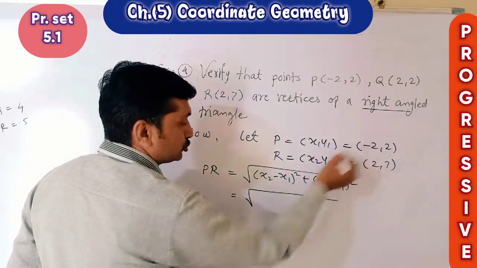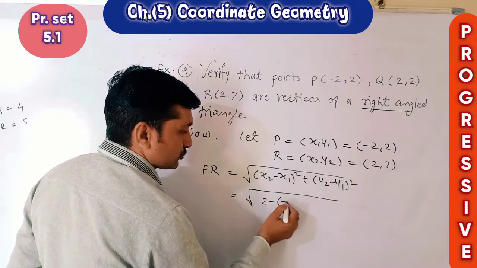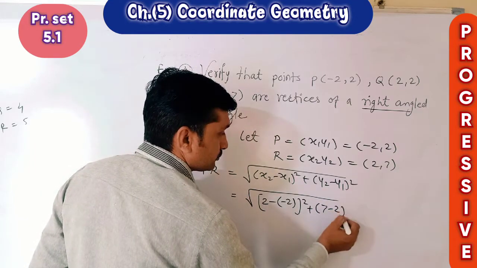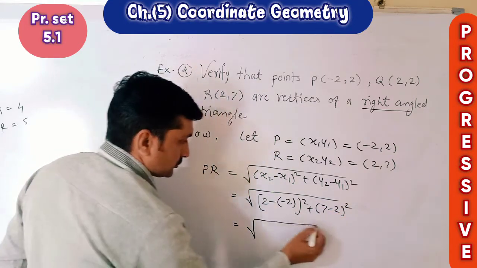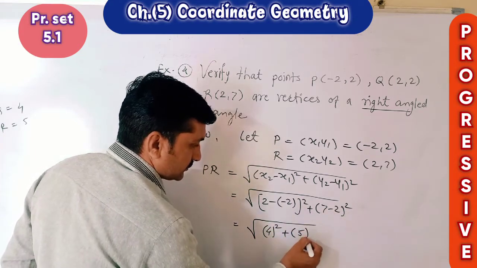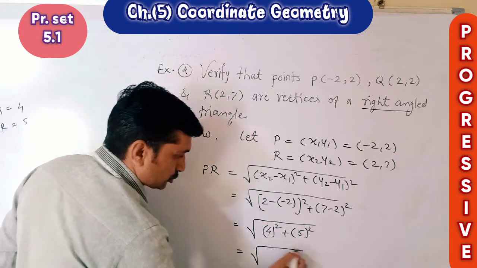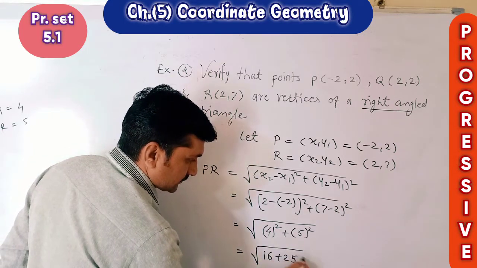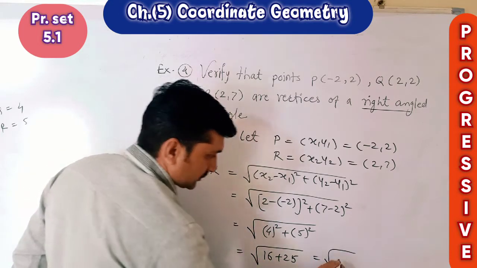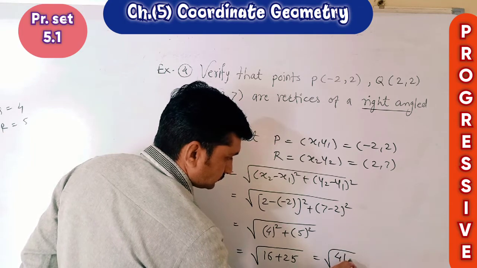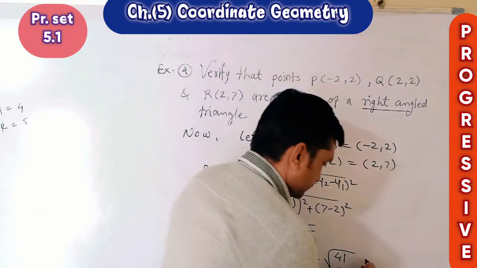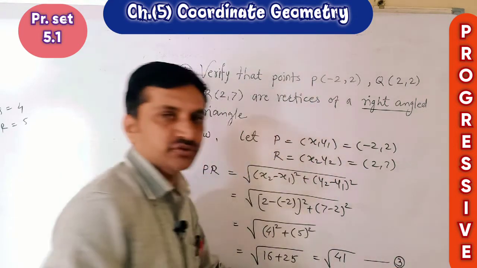Square root of 2 minus x1, that is minus 2, bracket square, plus y2 7 minus 2 bracket square. 2 plus 2 is 4, 4 square, plus 7 minus 2 is 5 square, square root of 16 plus 25, addition is 41. Now here PR we got square root of 41, give here number 3, it is not a perfect square.